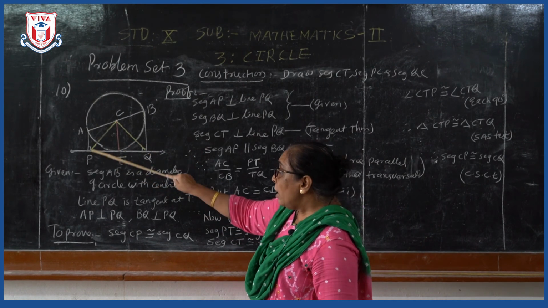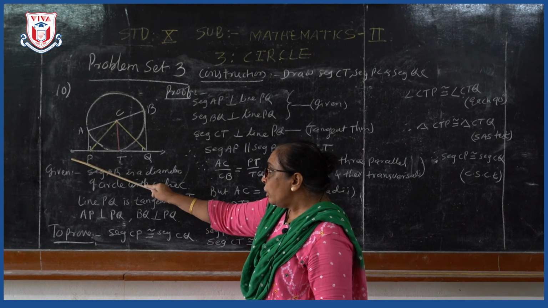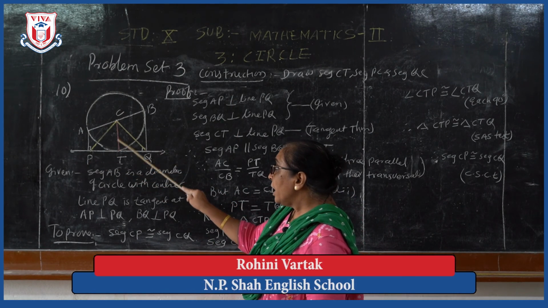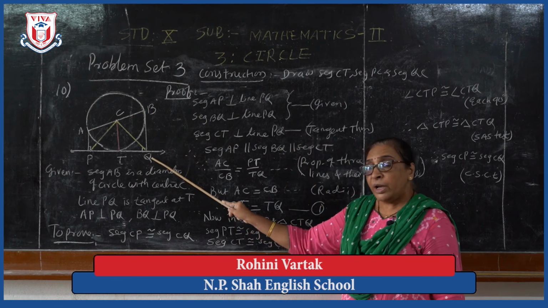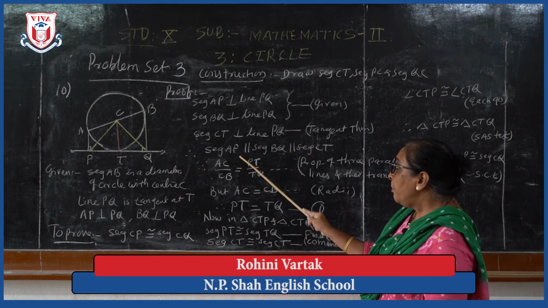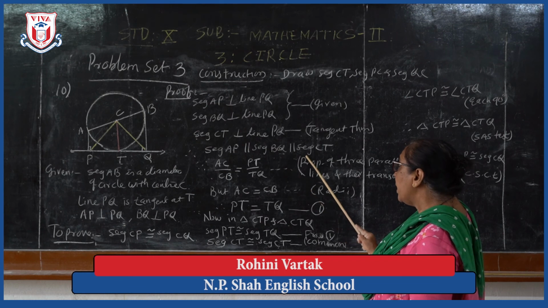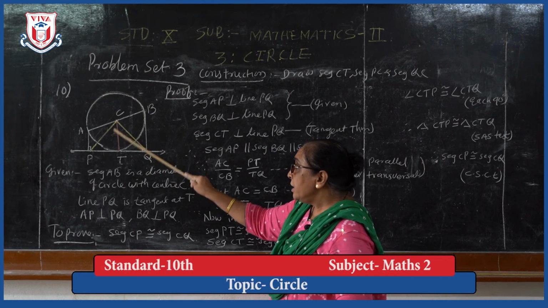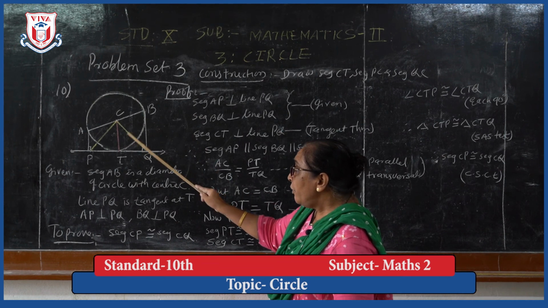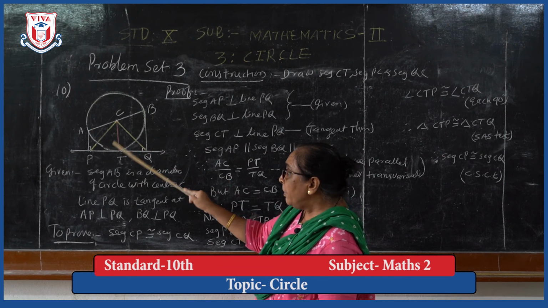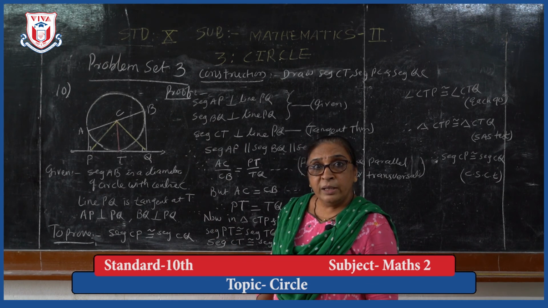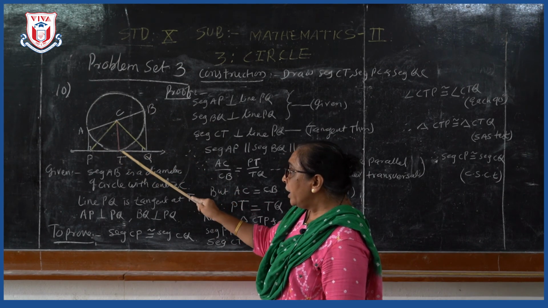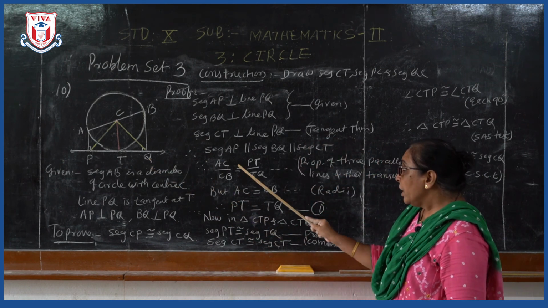Now when all these three segments are perpendicular to the common line, then what can we say? All these three segments are parallel to one another. So segment AP is parallel to segment BQ, parallel to segment CT. Now when these three lines are parallel, and if we consider the transversals AB and PQ, then we get the ratio AC upon CB is equal to PT upon TQ.